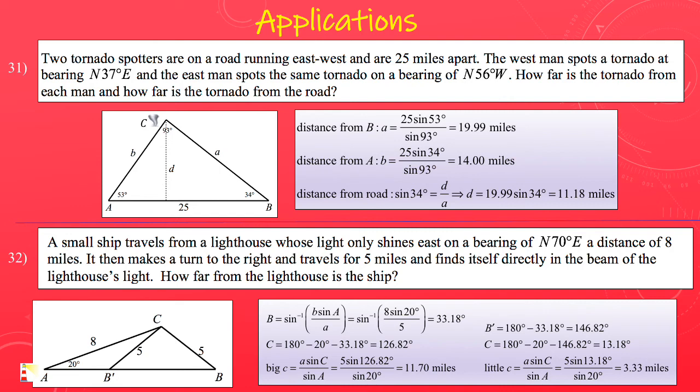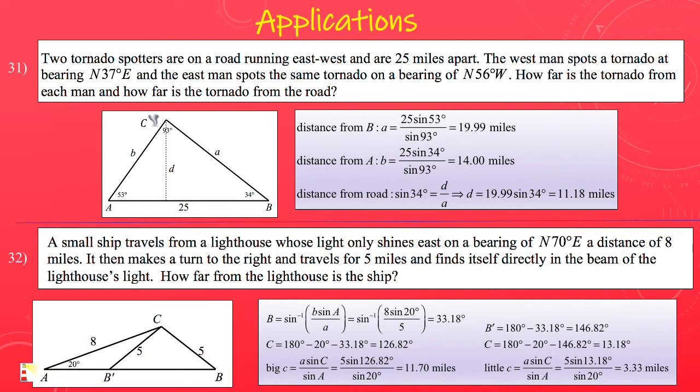Now we go for triangle AB prime C. Angle B prime will equal 180 degrees minus 33.18 degrees, which is 146.82 degrees. Therefore, angle C in the little triangle is 180 degrees minus 20 degrees minus 146.82, which is a very tiny 13.18 degrees.